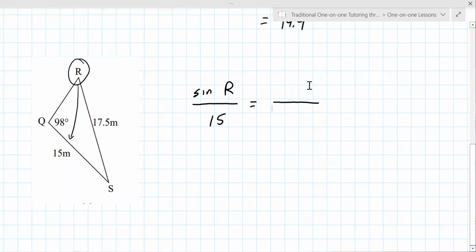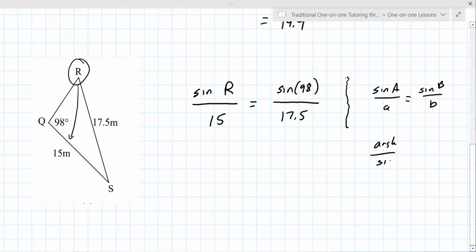Good. Now on the right here, you need another angle and another side. So you have to use the only one that's given: sine 98 over 17.5. Now, you've probably noticed that I am not writing out the formula each time, like sine A over A equals sine B over B. I'm saying angle over side.